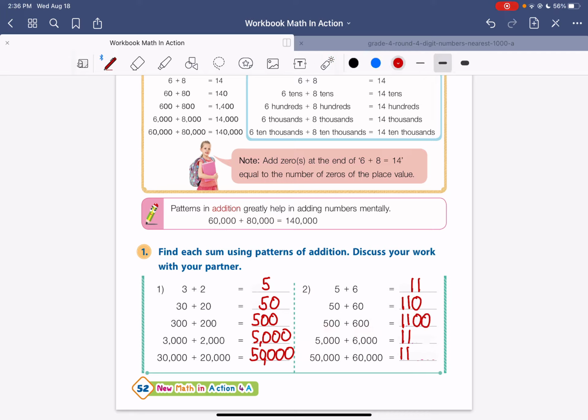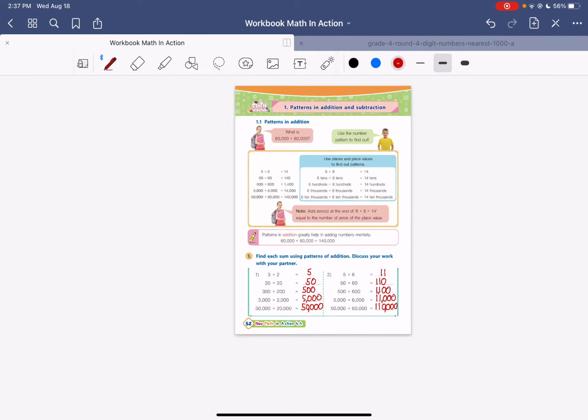Here we have 3, so we write 3 zeros. And the last one we have 4, so we write 4 zeros. So 110,000. That's what we're using, patterns for addition.